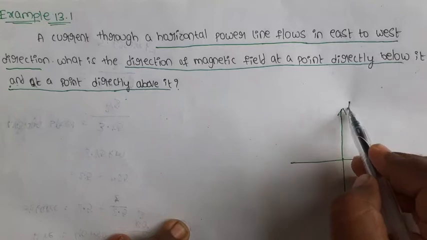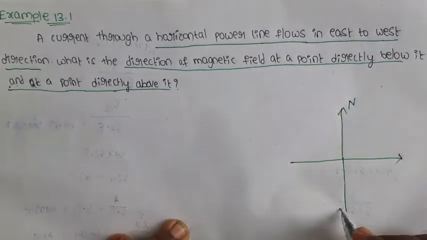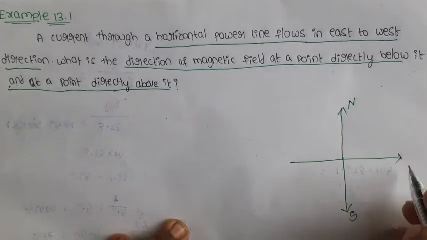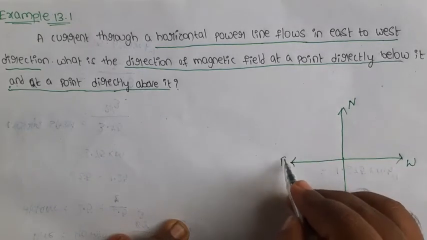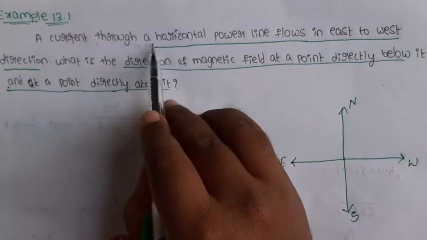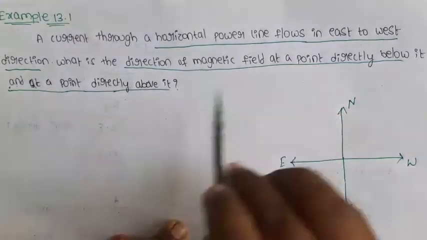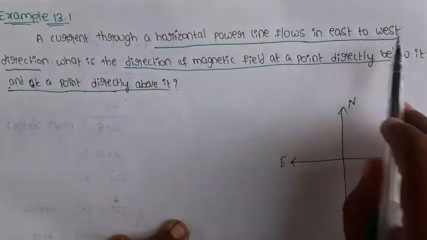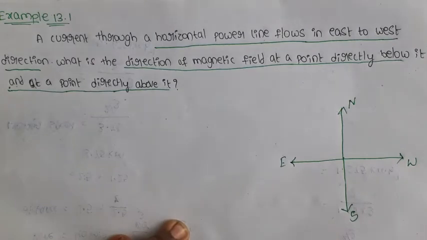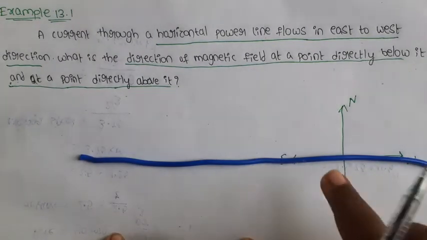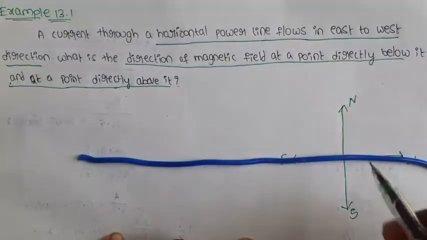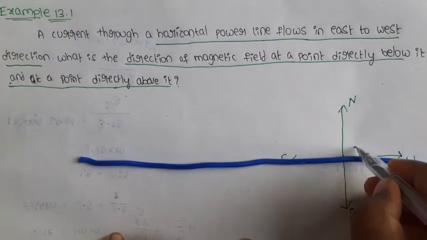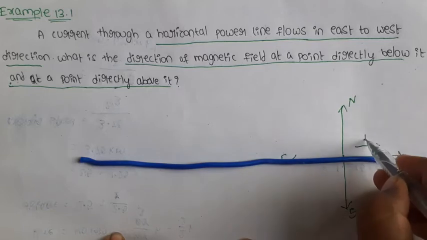This is the north direction, this is the south direction, this is the west direction, this is the east direction. So horizontal power line flows in east to west direction. So this is a power line. Current flows from east to west, so direction of the current is this direction.